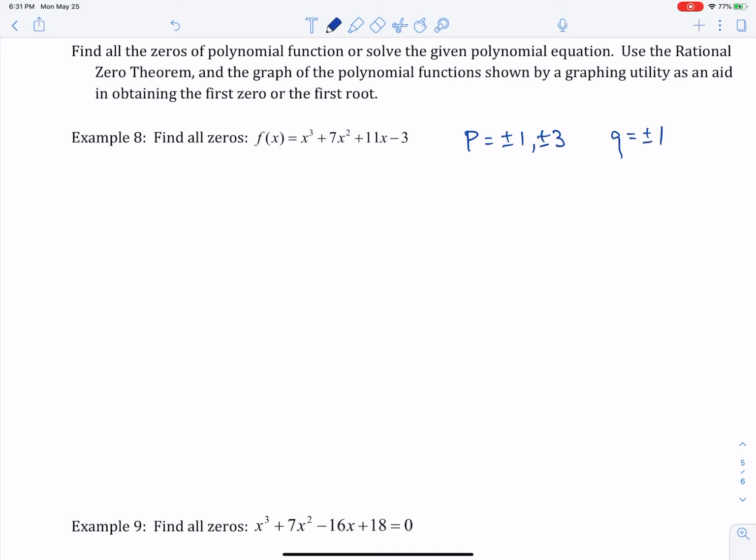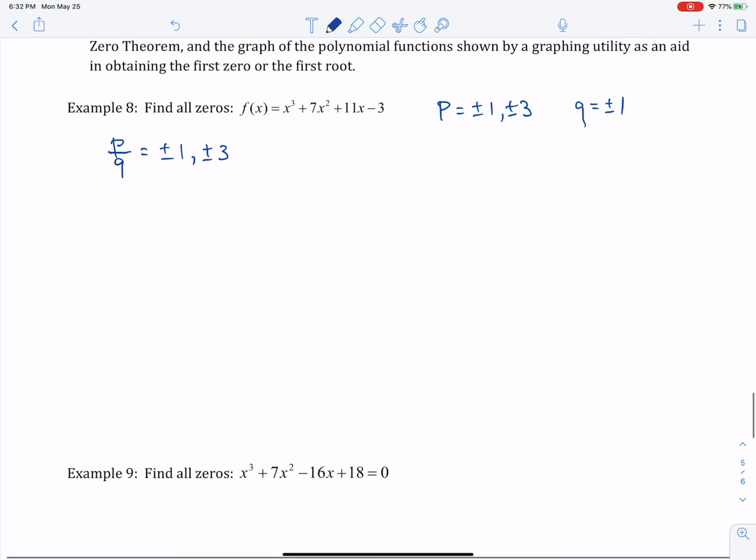All possible zeros would have been p over q, which is plus or minus 1 and plus or minus 3. So those are all possible zeros, and I might have checked with them only. However, now I'm pretty sure that x is equal to -3 is one of the zeros because I saw it on the graph.